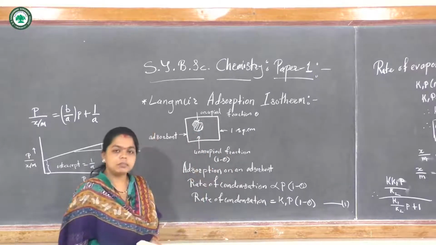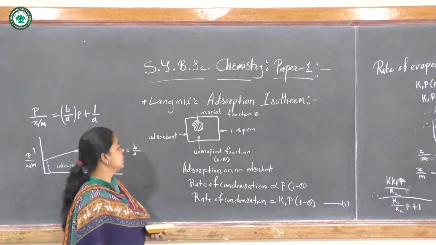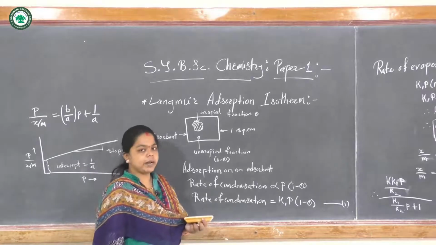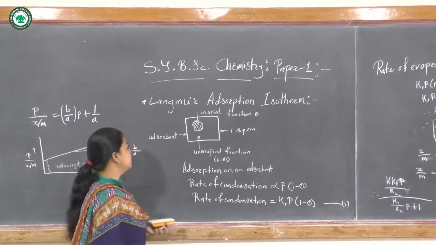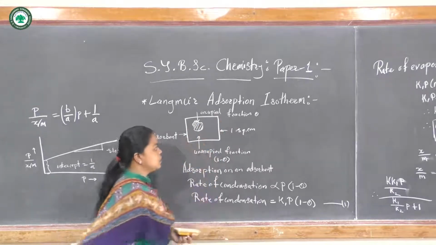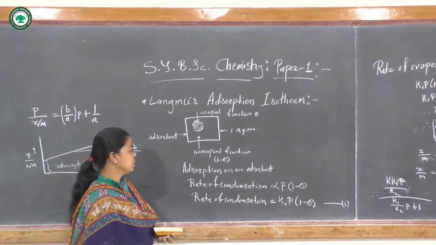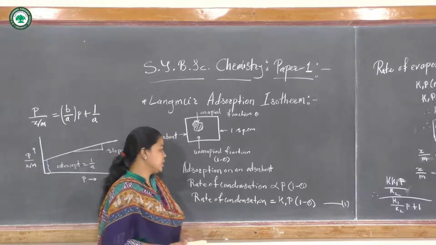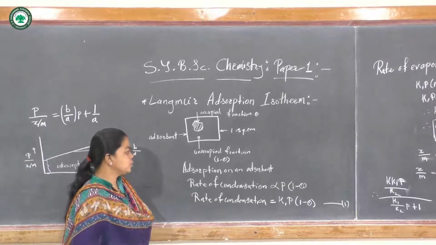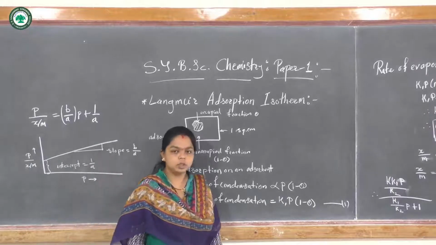It is 1 minus theta because it is given for 1 square centimeter. So the unoccupied fraction becomes 1 minus theta, and theta is the occupied fraction of the overall surface area. Now when we consider the adsorption process on the adsorbent, we have considered the two processes.